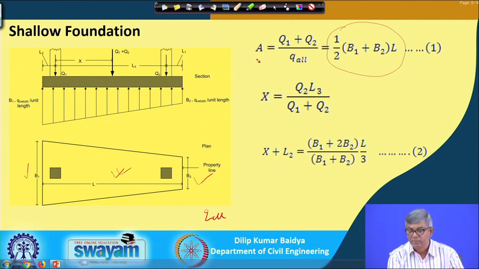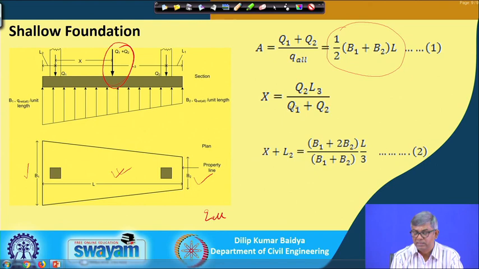So, from these I can set one equation, and in this equation what are the unknowns? B1 and B2 are unknown, L is actually known. To get the values of B1 and B2, I need one more equation. How to get one more equation? Since two loadings are acting, I can find out from the left side the distance of the point of application of the resultant force.